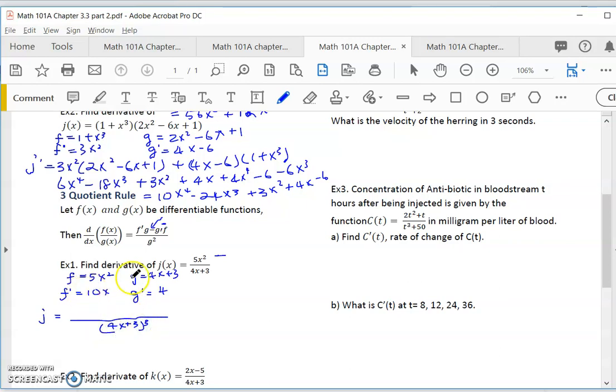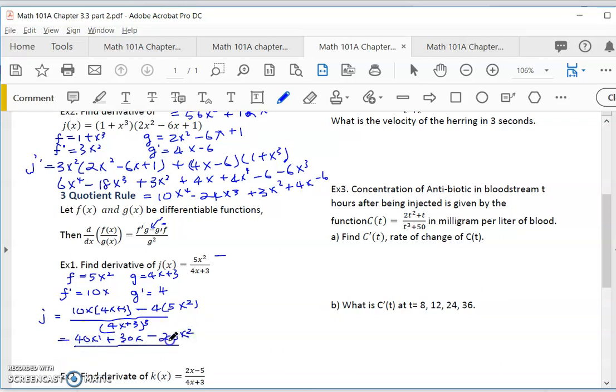And then f prime g minus g prime f, so 10x times 4x plus 3 minus this one, 4 times 5x squared. So multiply the top out, so it's 40x squared plus 30x minus 20x squared.